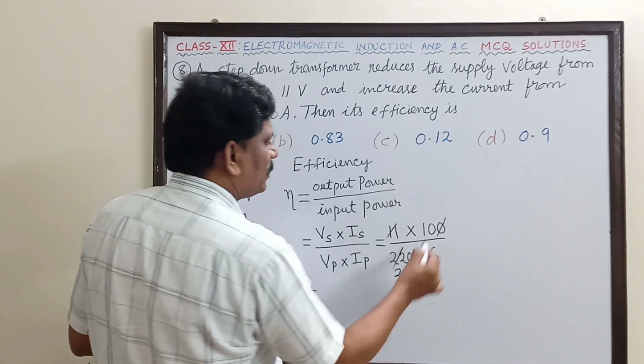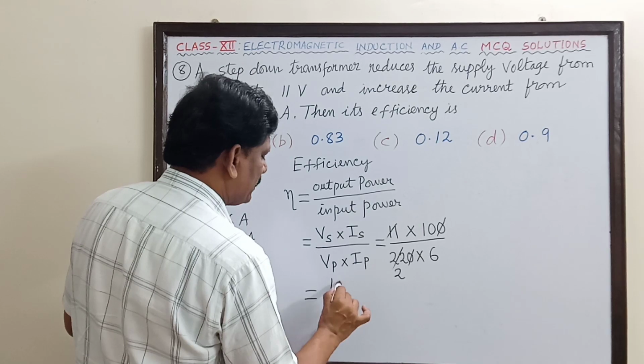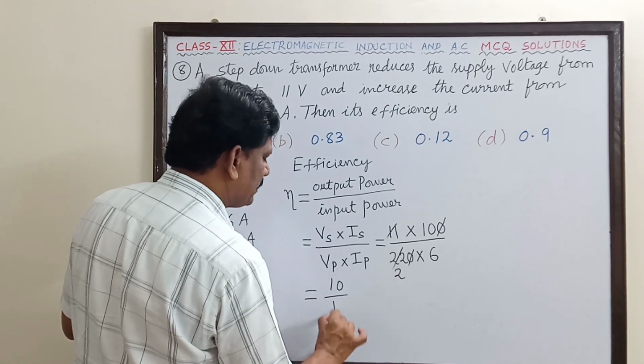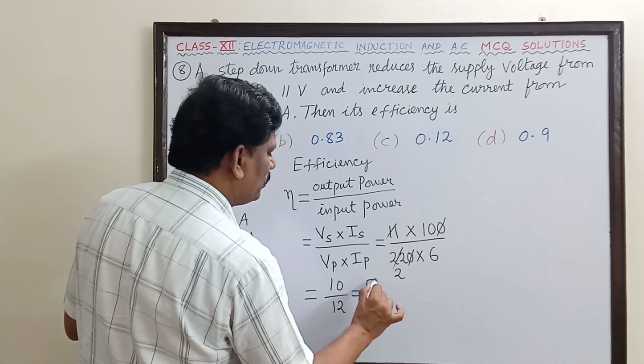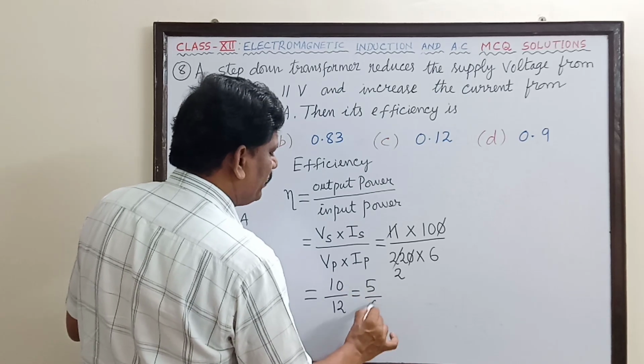So this is 10 divided by 2 into 6, which is 12. So this is equal to 5 divided by 6.